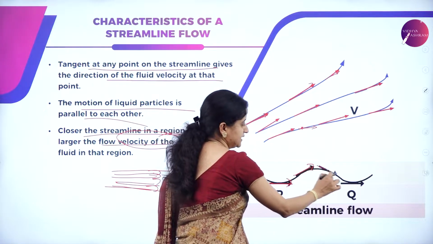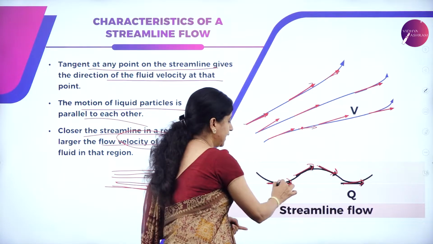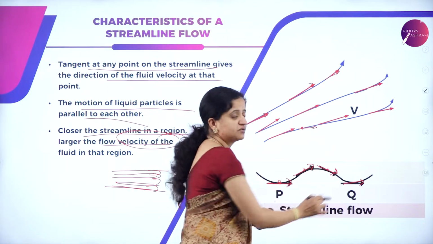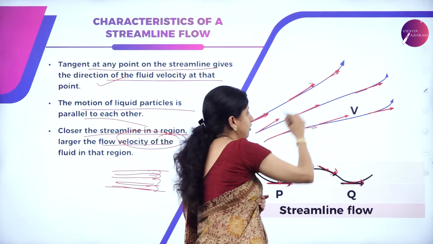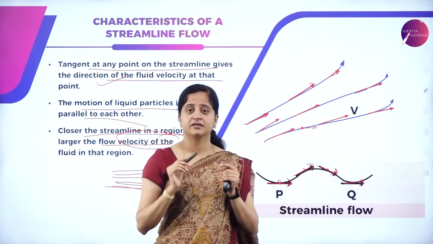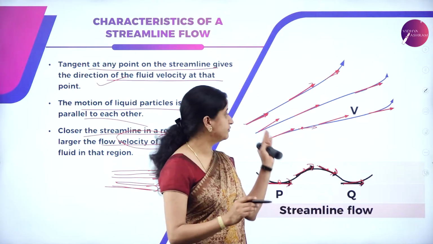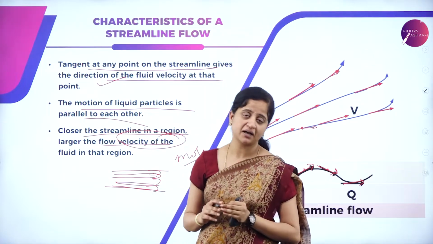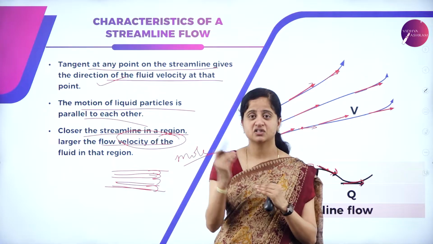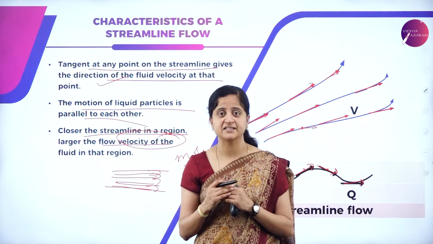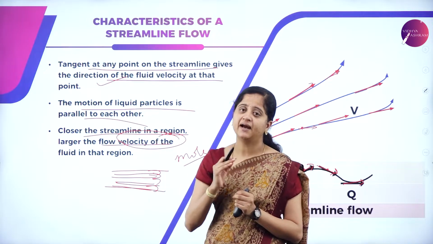So this tangent gives the direction of fluid motion only at the particular point, which is what our first point says. And we can also say that in the orderly arrangement or regular flow of a liquid, the motion of liquid particles is always parallel to each other in case of streamline flow. And in any region, if the streamlines are closer to each other, then we can say that the velocity is more in that region.